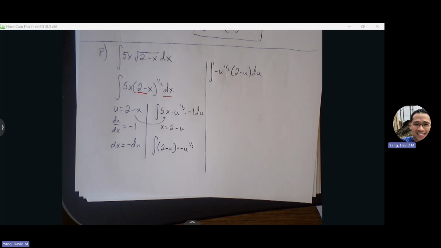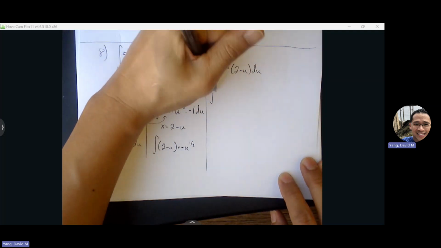Continue distributing through until all the parentheses are gone. Then we should be able to rely on just power rule to get to our answer.